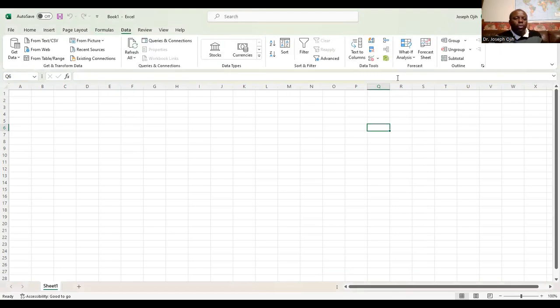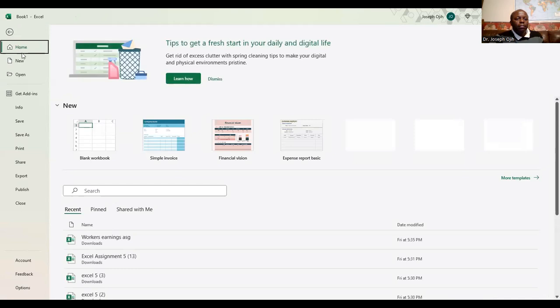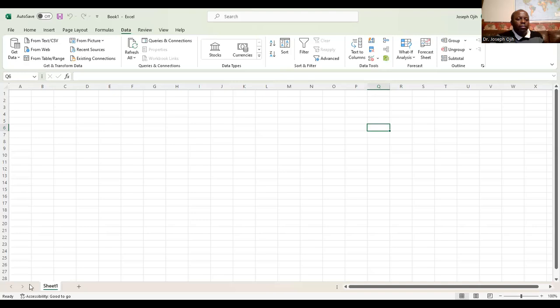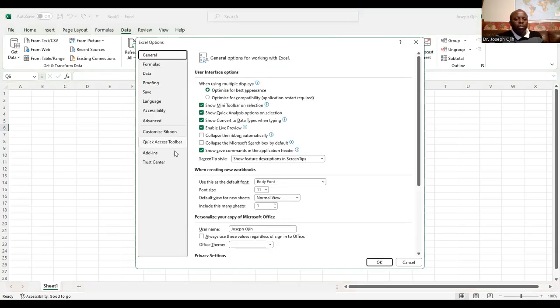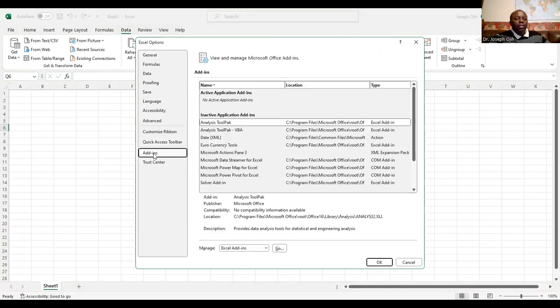To add it, just go to File, then go to Options all the way down. It will bring up a dialog box. Go to Add-ins, and click on that.